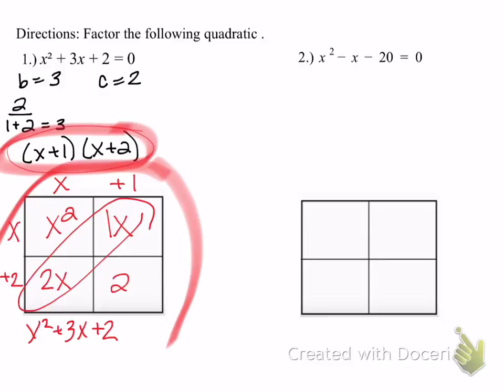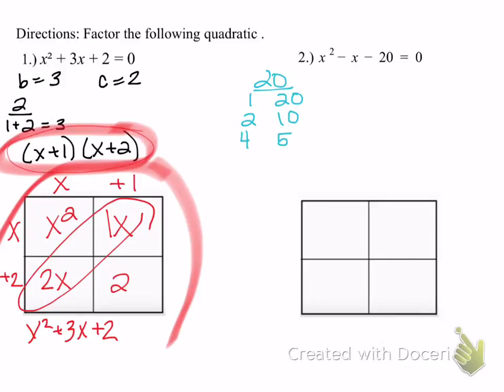Our goal is to find numbers that multiply to 20 but add to get us -1. Factors of 20: we've got 1 and 20, 2 and 10, 4 and 5. Let's stop there and see what we can do.